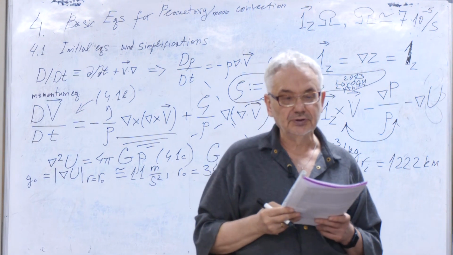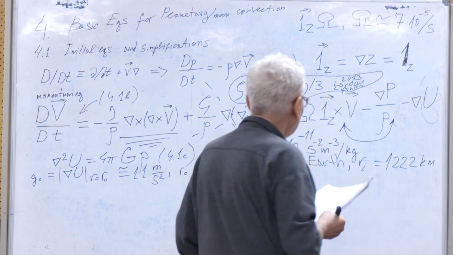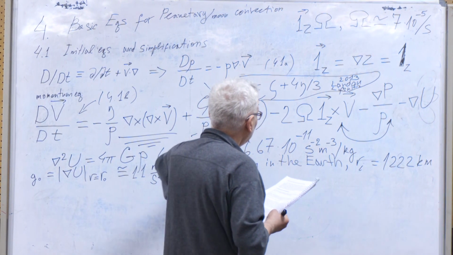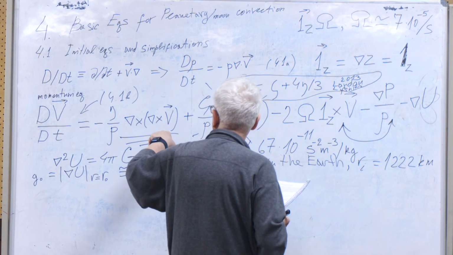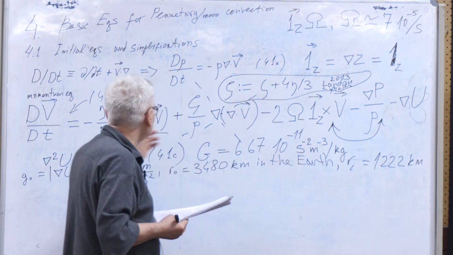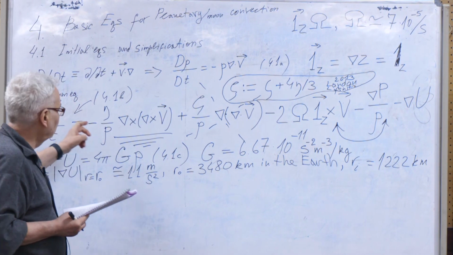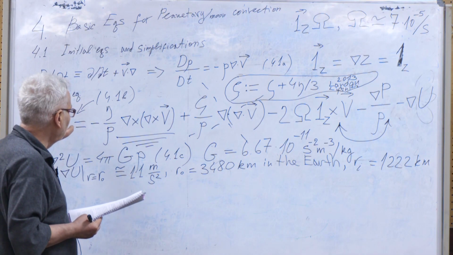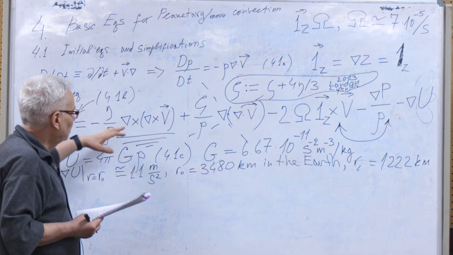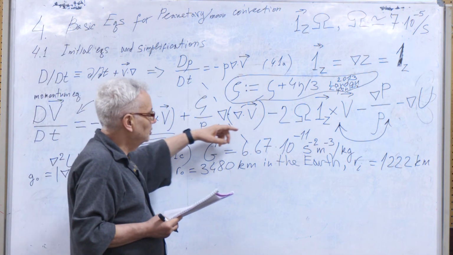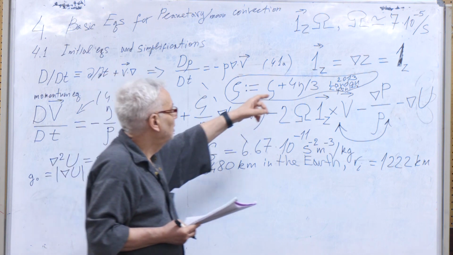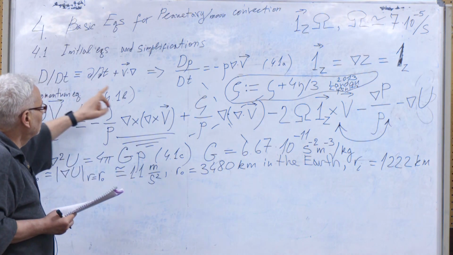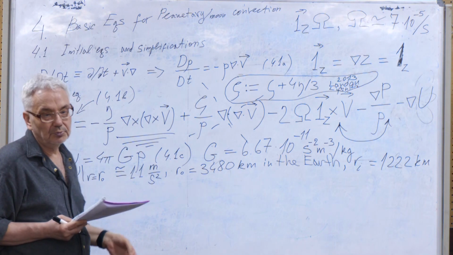So in total we have 6 variables. And at the moment we have 4 equations: the momentum equation, which has 3 components and so constitutes 3 equations, and the continuity equation, which is 1 equation.